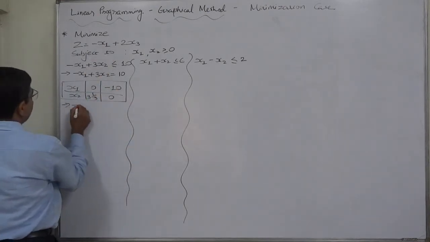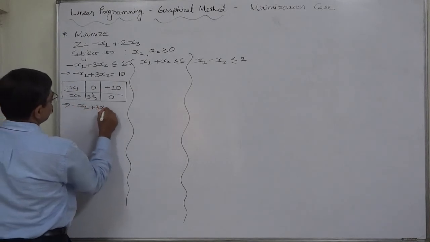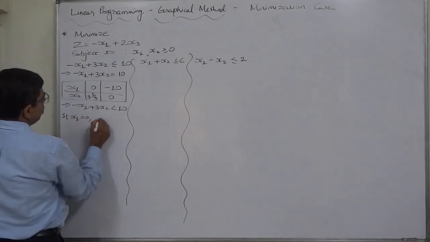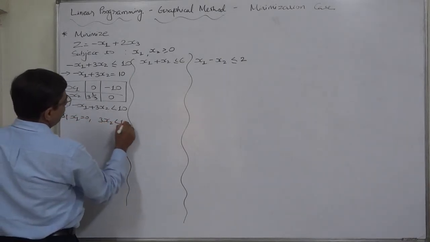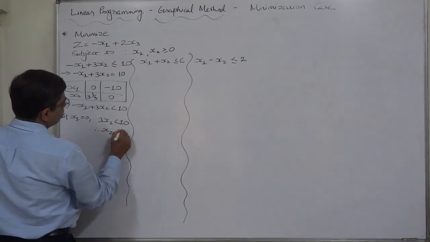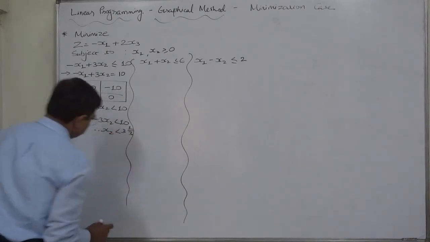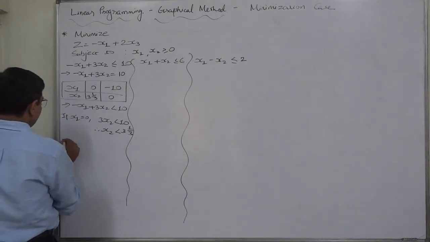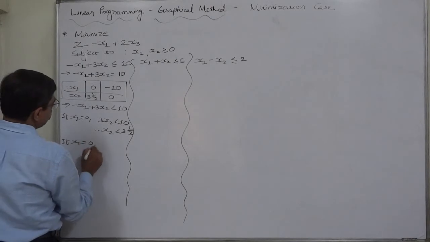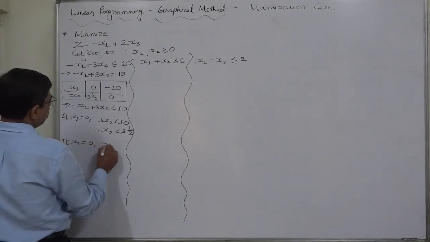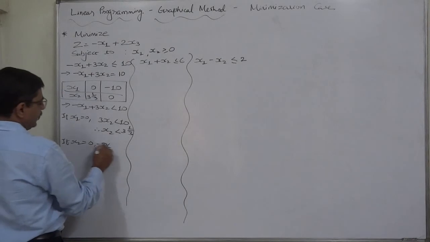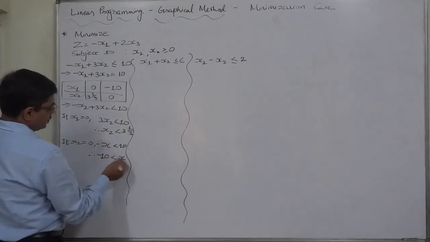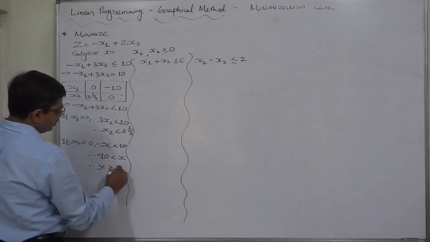Now inequality part, minus x1 plus 3x2 less than 10. If x1 is 0, then 3x2 less than 10, so x2 less than 3 and 1/3. 10 by 3 is 3 and 1/3 mixed fraction. If x2 takes value 0, then minus x1 less than 10, so minus 10 less than x1, that is x1 greater than minus 10.